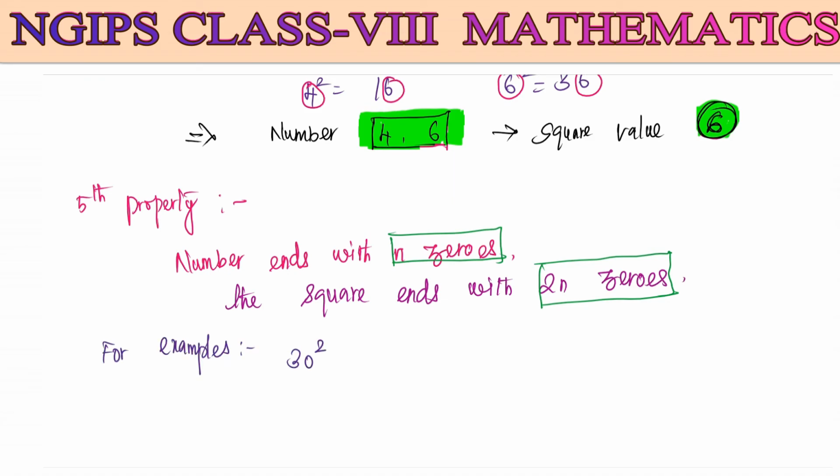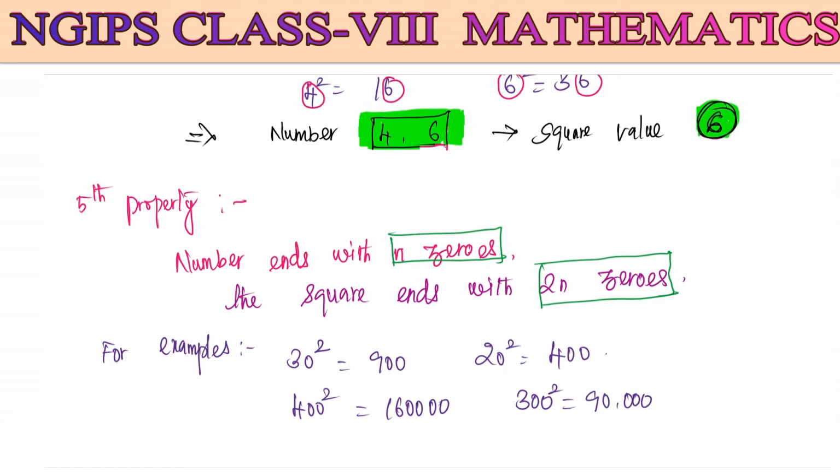When you have 30 square, the value is going to be 900. 20 square is going to be 400. 400 square is going to be 1,60,000. 300 square is going to be 90,000.